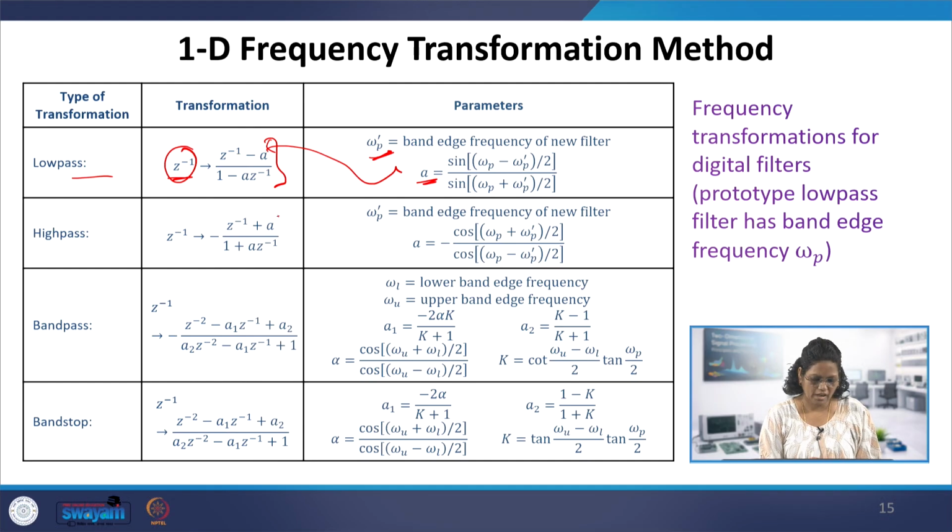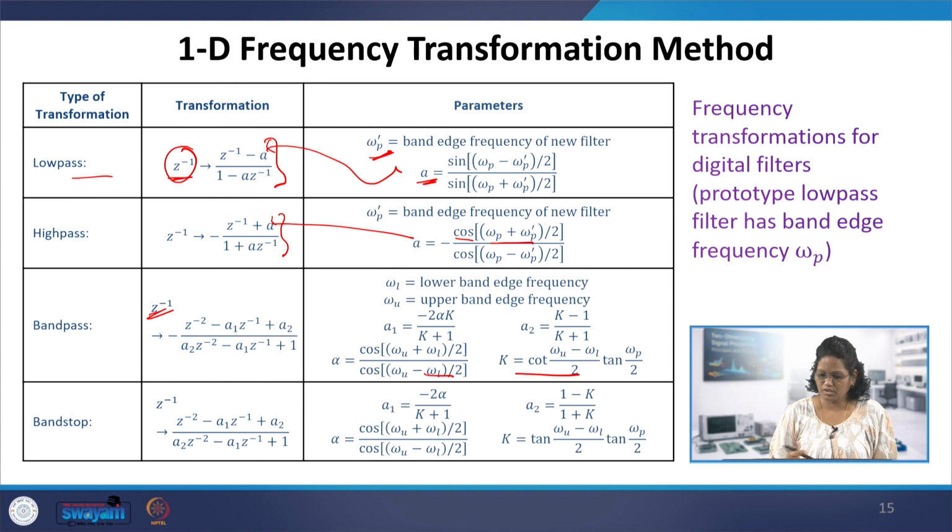Similarly, for the high pass, you can have cos of omega p plus omega p dash over omega p minus omega p dash, where a is replaced. For band pass, similarly, every z inverse is replaced with this big expression where a1 and a2 correspond to the lower and upper cutoff frequencies, and k is given here. So for band stop filters too, these are the standard tables available for the frequency transformation.